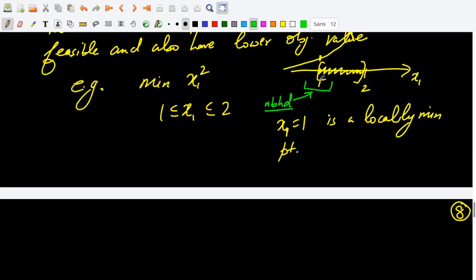The only restriction we now add is that we have to look at the intersection of the neighborhood with the feasible region R. And this can lead to some very interesting points which may not have any neighborhood at all, but may still be feasible, in which case they would be locally minimum.